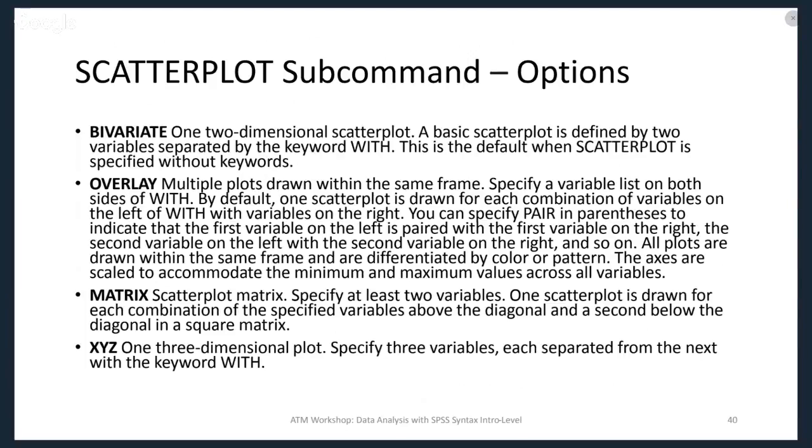If you have multiple groups, for example, the correlation between your SAT score and your GRE score, but you want to decompose that scatterplot relationship over different ethnicity, Asian or not.